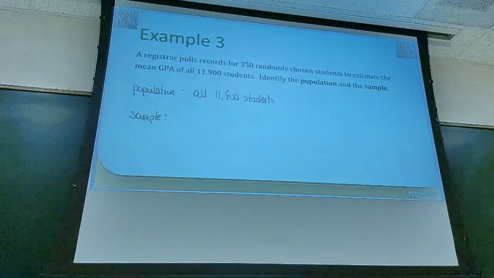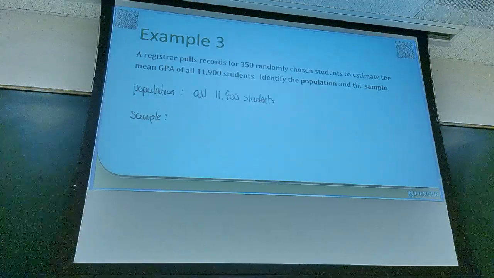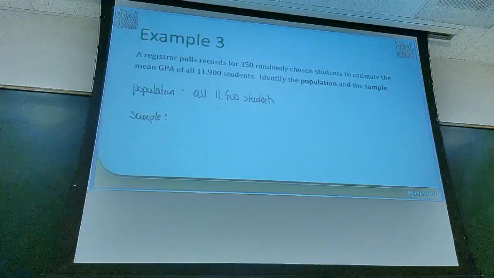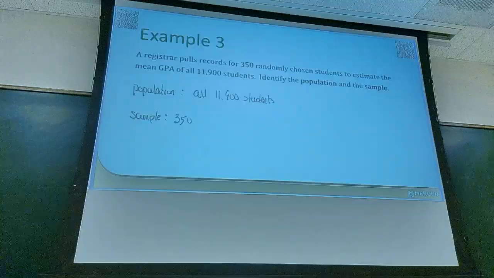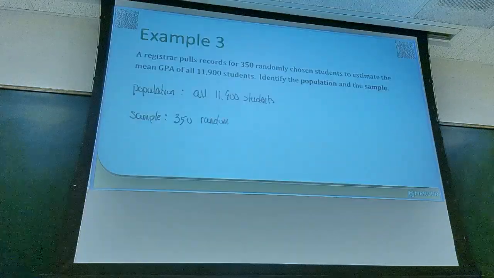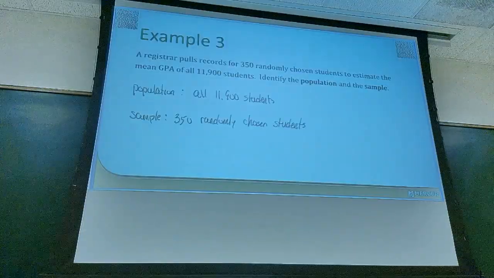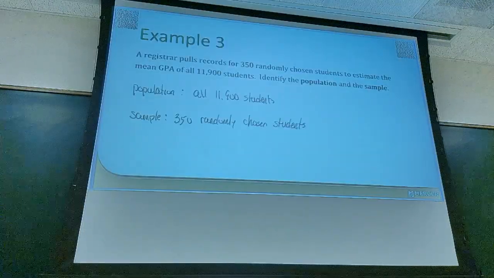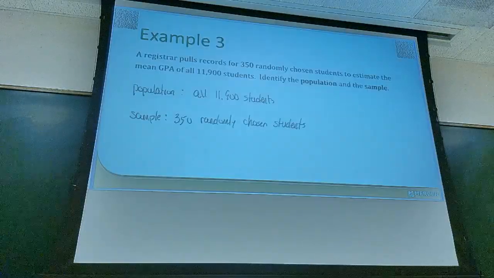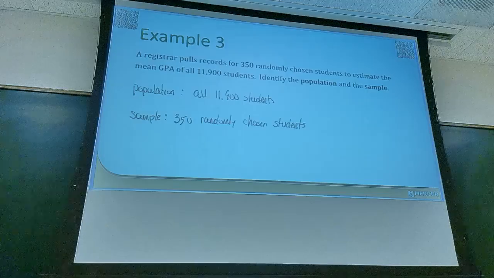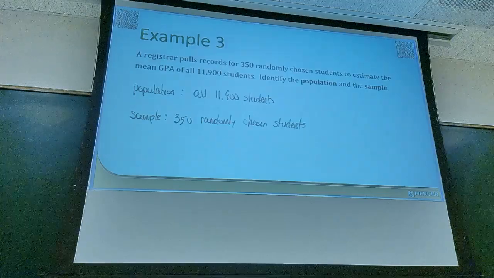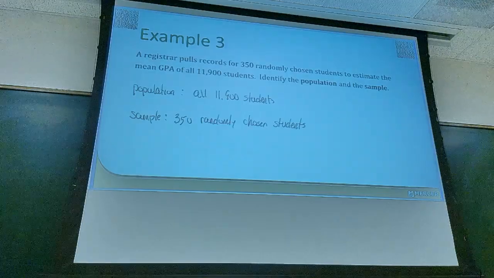Population was all the students at that particular college. Right. Your sample would be the 350 that were randomly chosen. Again, notice that those randomly chosen students are a subset of your population. They come from your population.